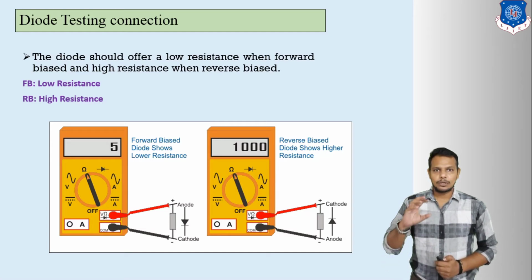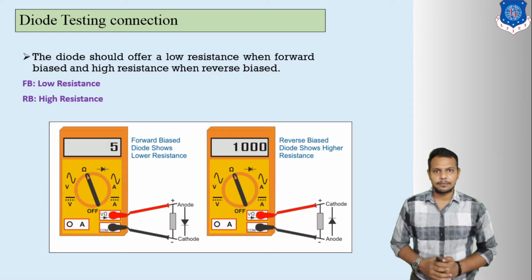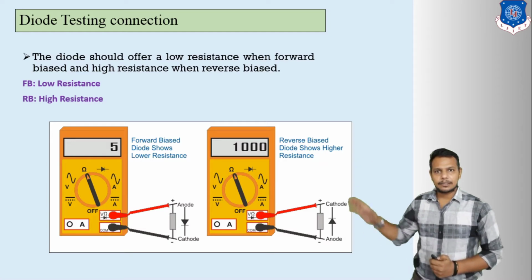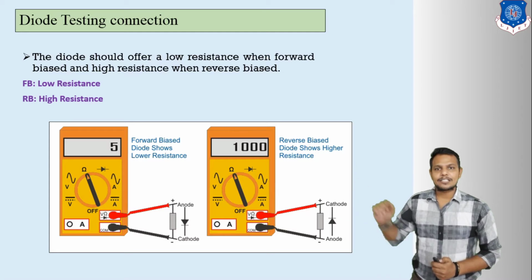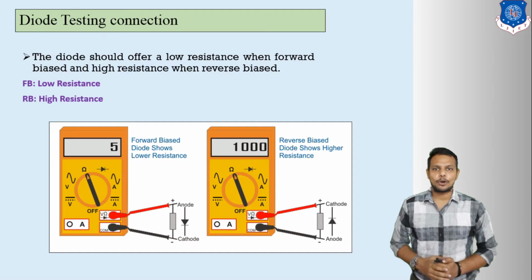We first use the DMM, digital multimeter, and set the knob, the black center part, at the resistance point.